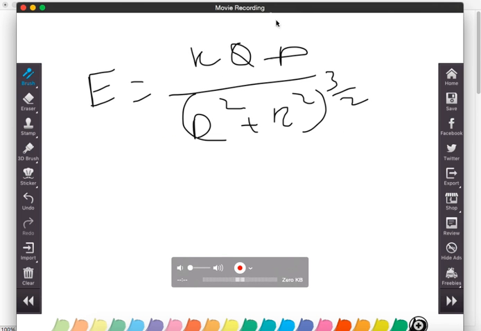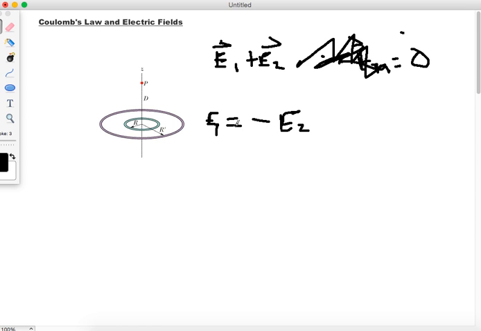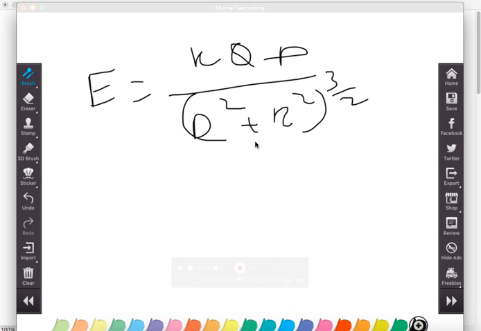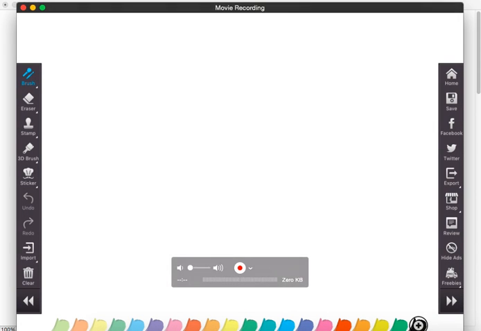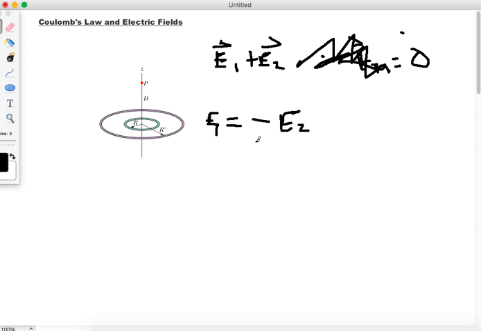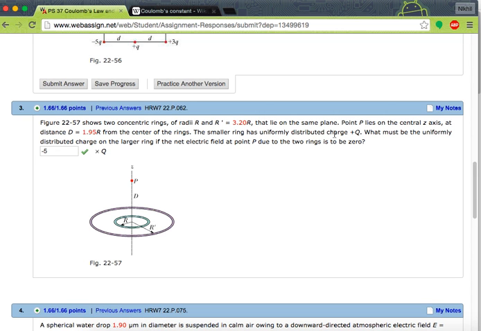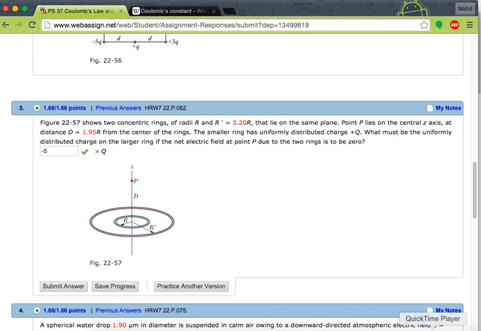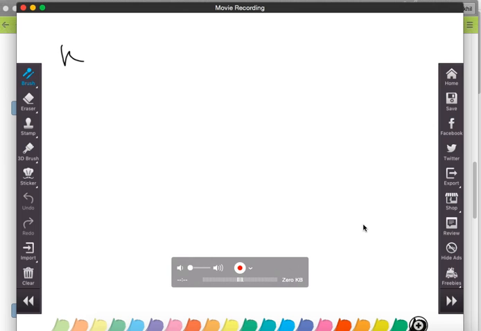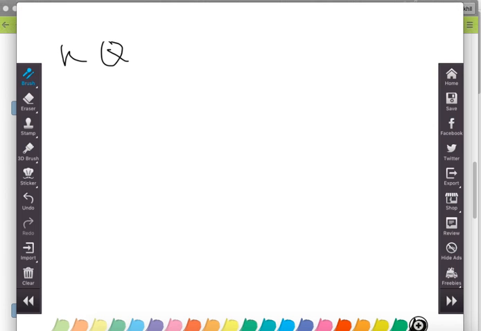If you plug this equation in, on the left side you get E1, and let's make E1 the inner circle with uniform charge plus Q. So it's kQd over (d squared plus R squared) all raised to the 3 over 2.